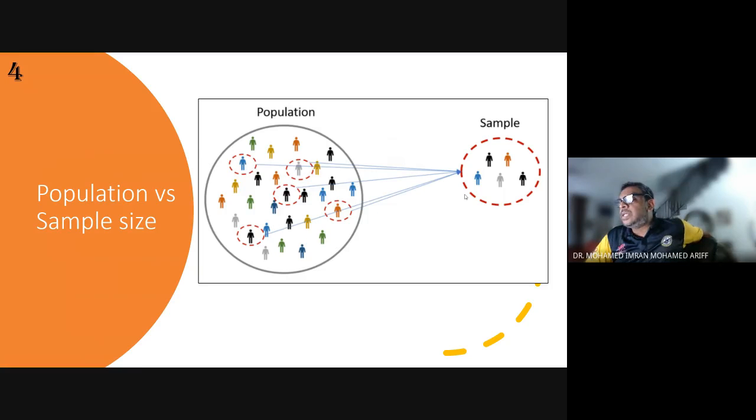Okay, next we go to population and sample design, sample size. So in designing your research design, you should always be worried about your population. What is your population? Who is your population? My population is project managers in Malaysia.